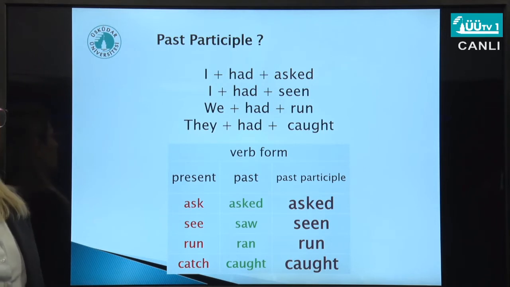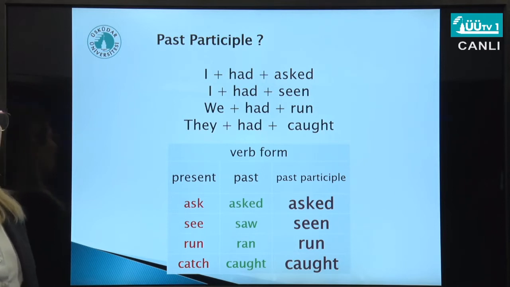There is one table here, verb forms. You can see three columns here. The first one is present, the second one is past, and the third one is past participle. You have this table at the end of your main course book, B1 Empower. You have the table full of these verbs. Look at the present column: we have ask, see, run, and catch.